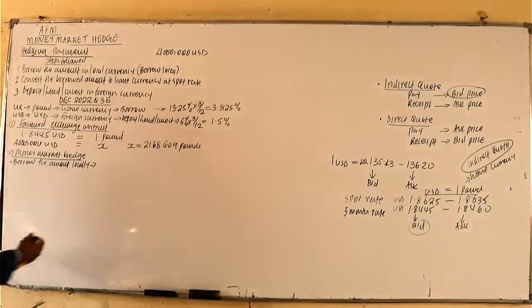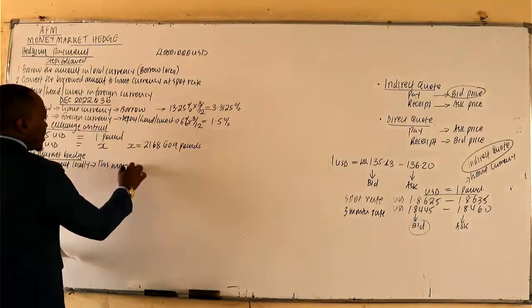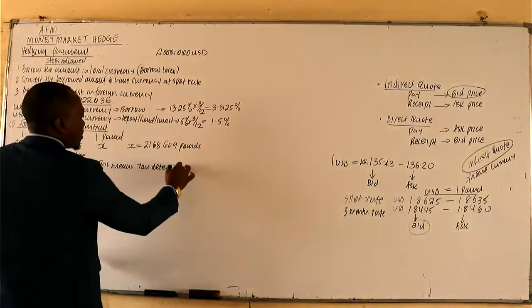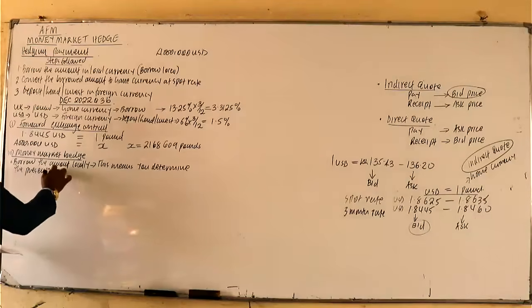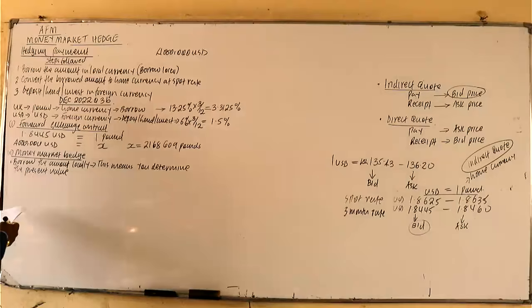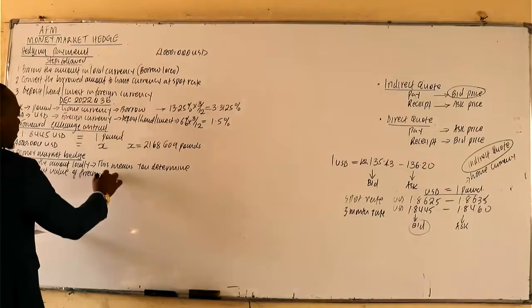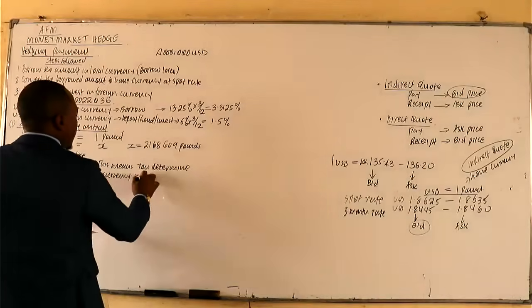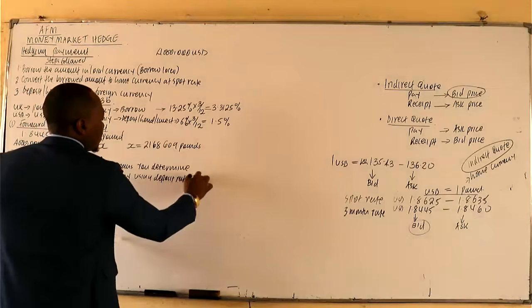And how do you determine the amount you need to borrow locally? This means you determine the present value of the foreign currency using the deposit rate of that currency.